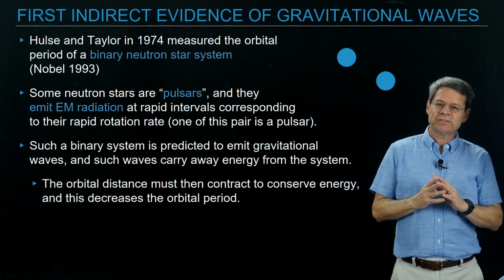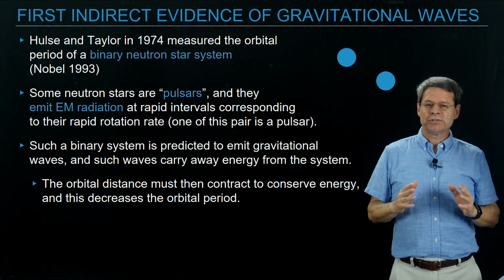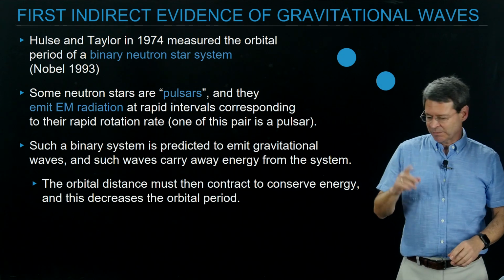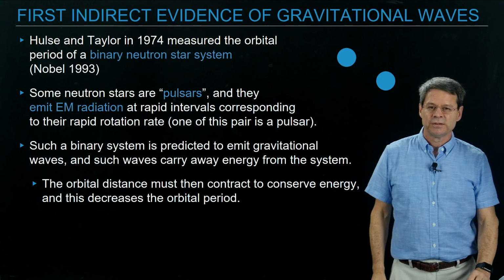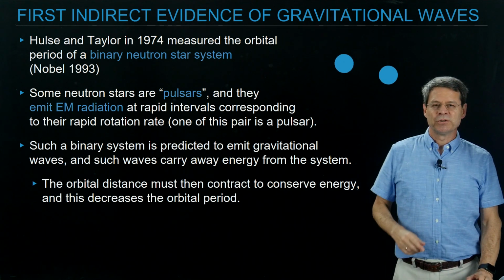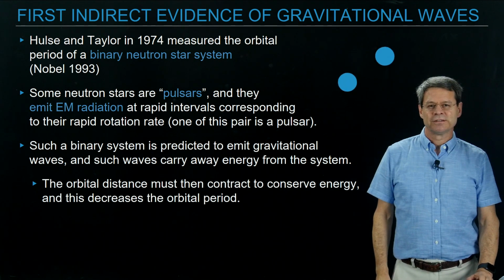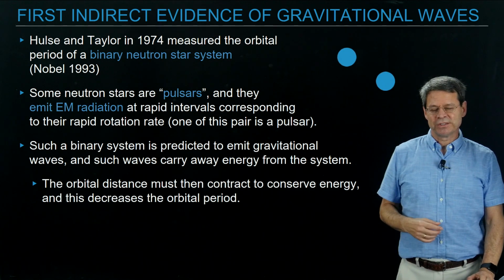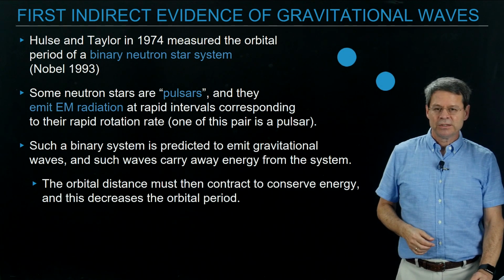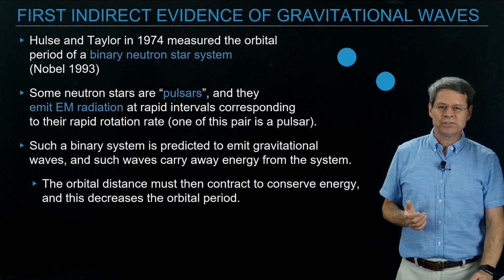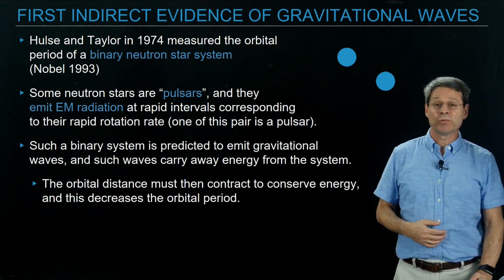And as you shrink the distance, that's also going to decrease the orbital period. They're going to speed up in their orbit. So they might have been orbiting at one frequency, but they will speed up as they get closer and closer together. And so that period of rotation can be measured for this binary system, and was measured.